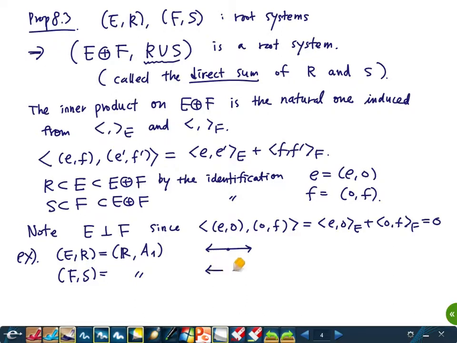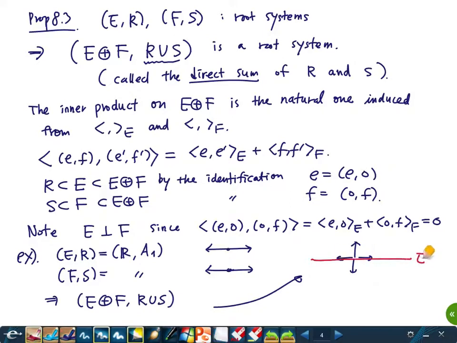Then what is the direct sum of E, R and F, S?